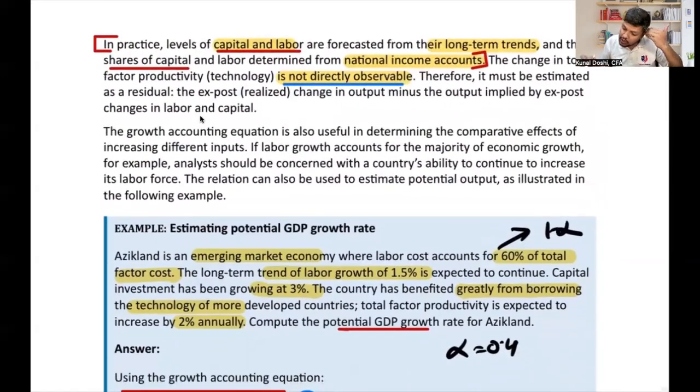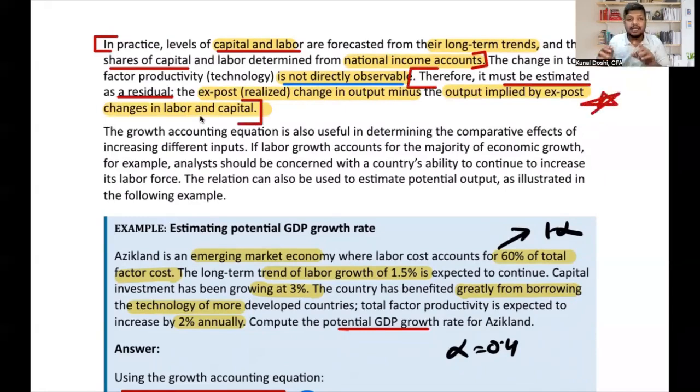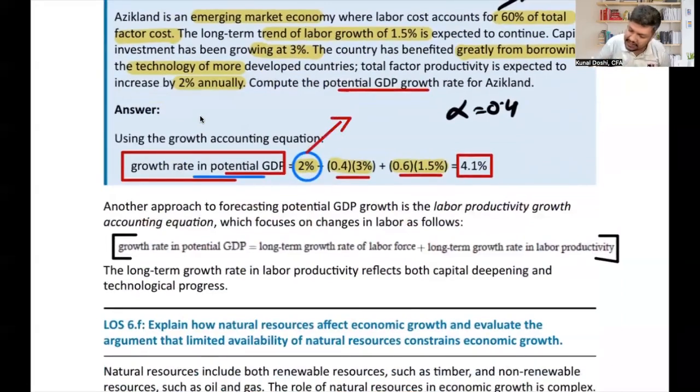We have the growth in potential, we have the growth in GDP between what was estimated and what was actual. So therefore, it must be estimated as a residual. That means the observed change in output minus the output implied by observed change in labor and capital. What does it mean? You don't have to memorize this.